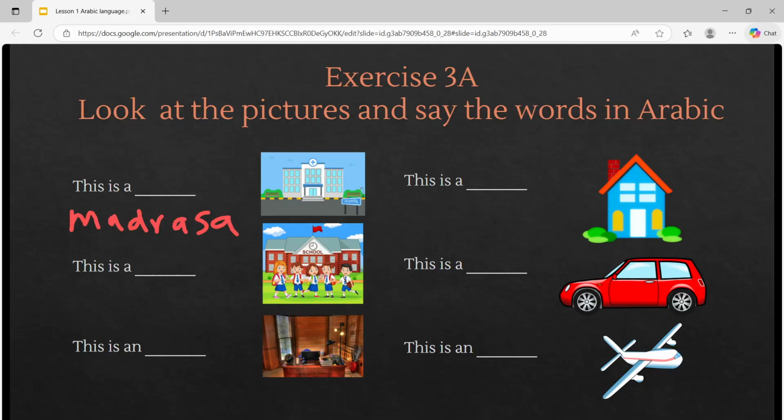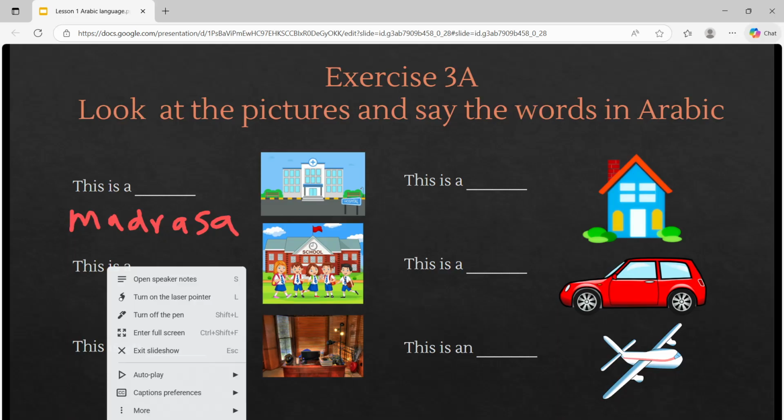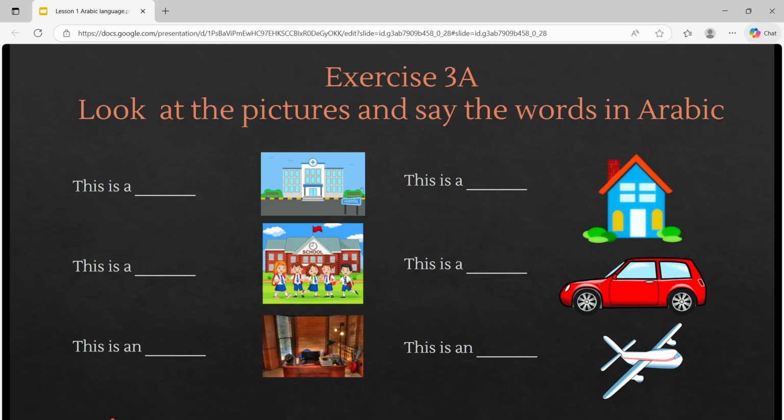All right. No, I'm sorry. This here is not correct. This is a hospital here. We can see a hospital. So hospital is mustashfa.